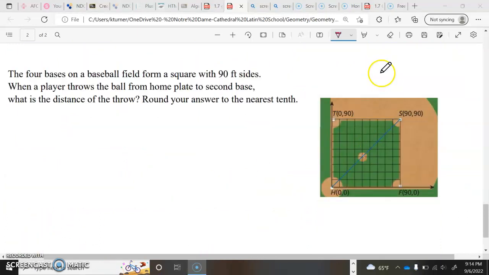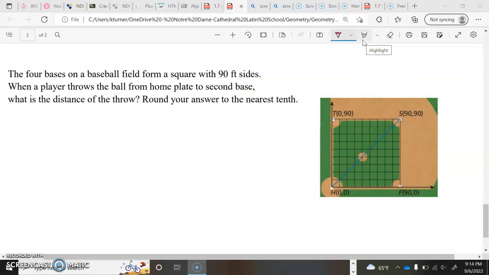All right, here's our final application of using either distance or Pythagorean theorem. So here we have a baseball field, we have the 4 bases, and it's overlaid here on top of a coordinate plane, so we can see the ordered pairs.